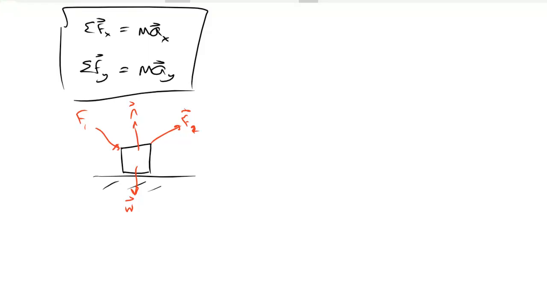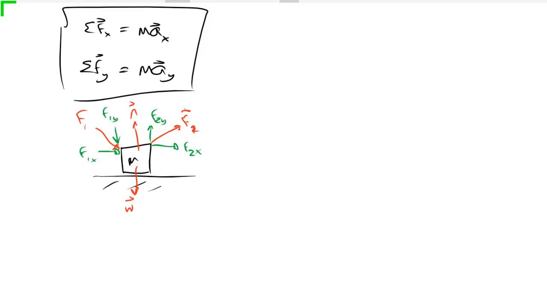This box has some mass m. In order to find out what the acceleration of this box is and describe its motion, we would first break this up into components. I'd have f2x, f2y, f1x, and f1y.